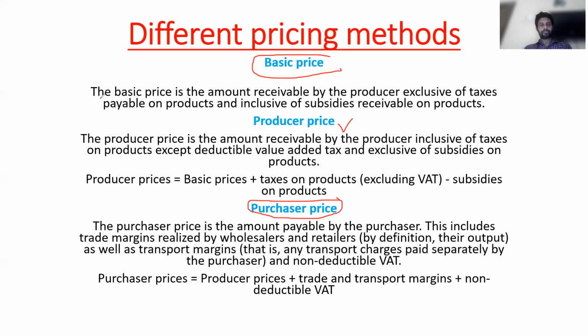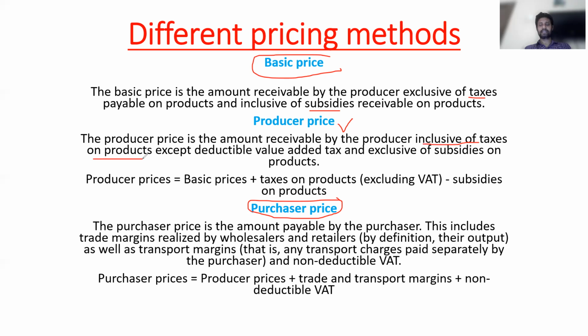So here the basic price is the amount receivable by the producer, exclusive of taxes payable on products and inclusive of subsidies. So taxes are not included, but subsidies are included for the production. Next one, producer's price. Producer's price is the amount receivable by the producer inclusive of taxes on products, of course like VAT.